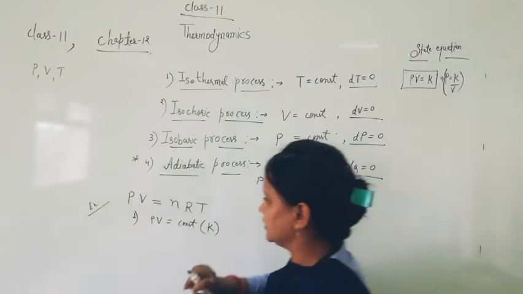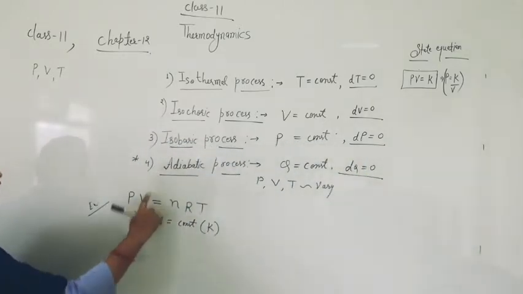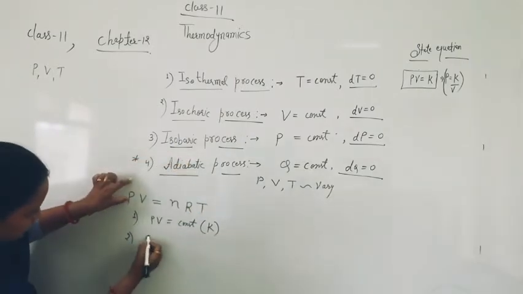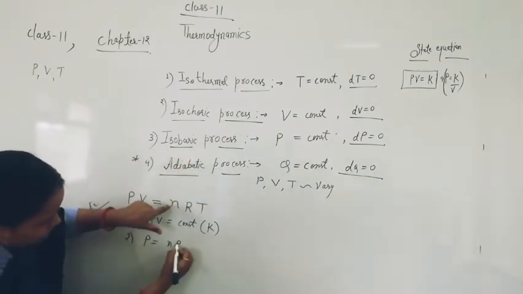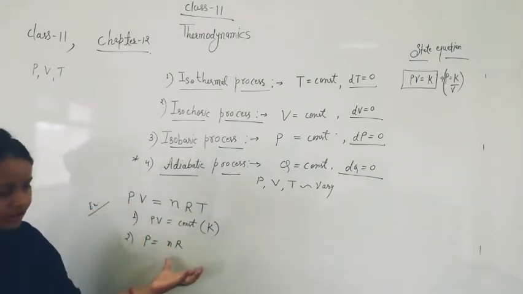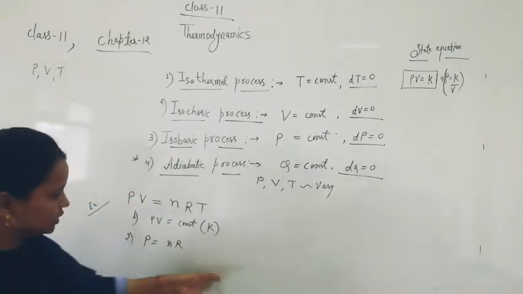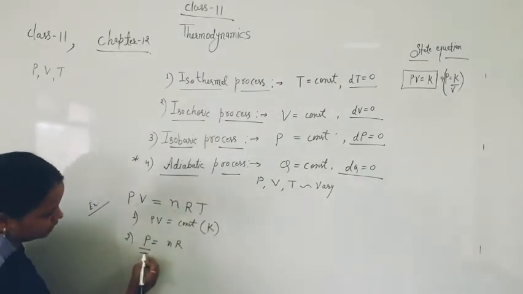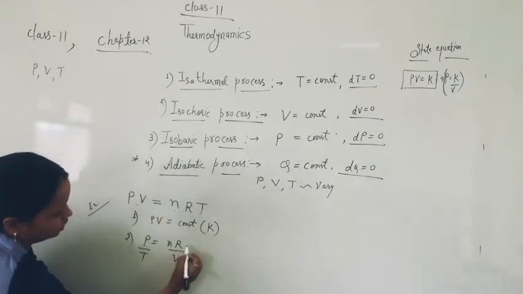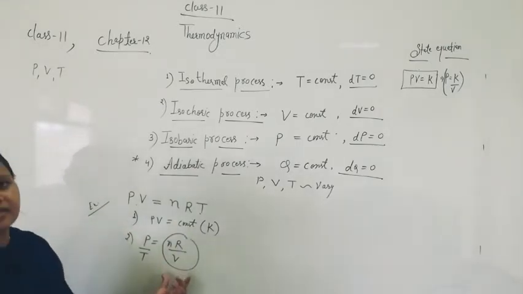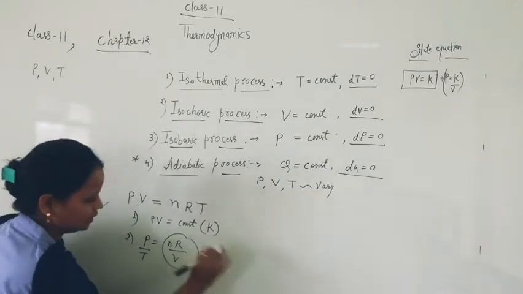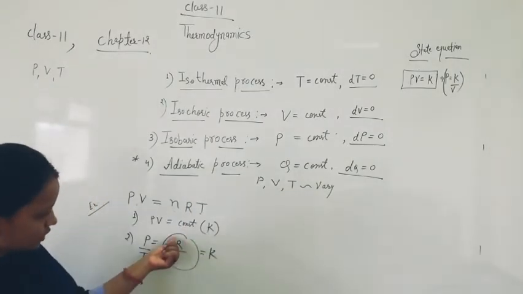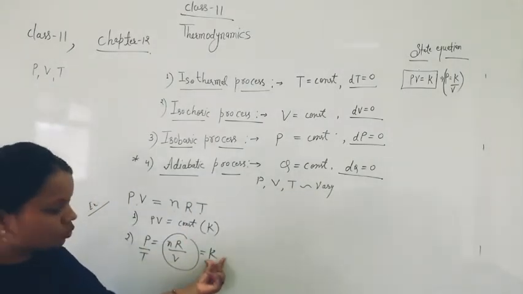In the isochoric process, we have volume as a constant parameter. Then we can set the equations like this: P equals nR upon V times T. We shift the constant variables to the RHS and keep the variables on the LHS, bringing temperature T below P. Then these symbols are all constant; consider them as K. For the isochoric process, volume is constant, so constant divided by constant is an overall constant.